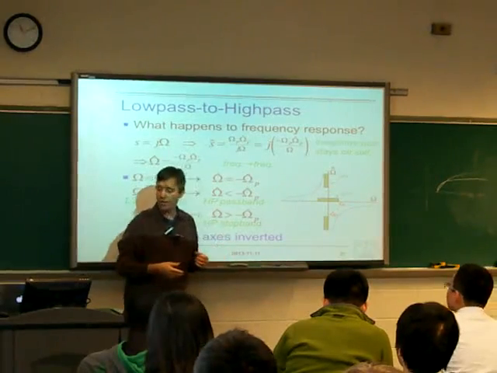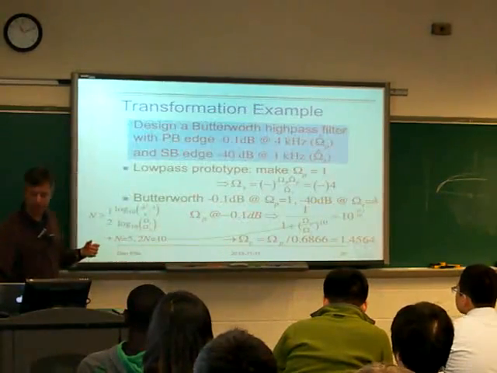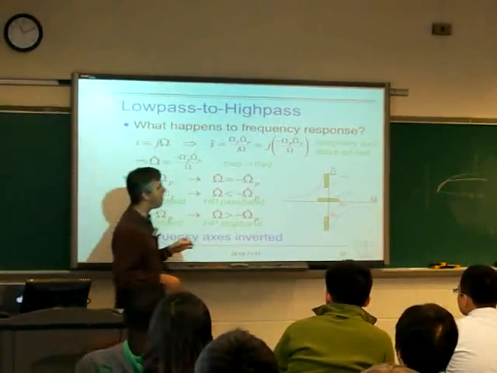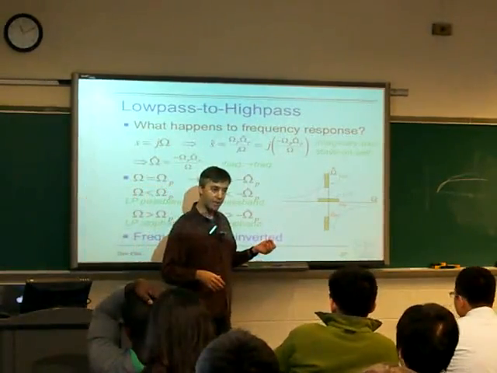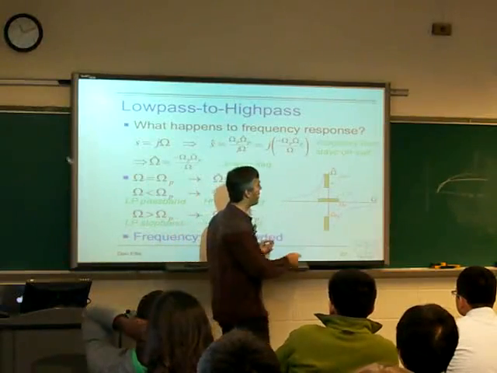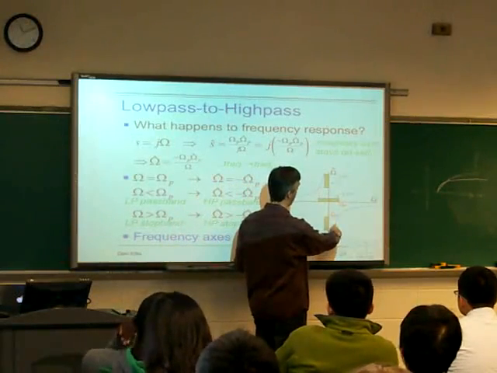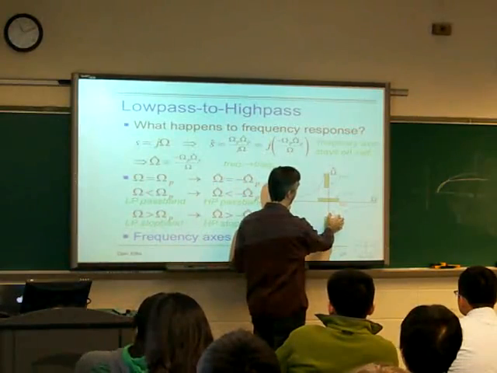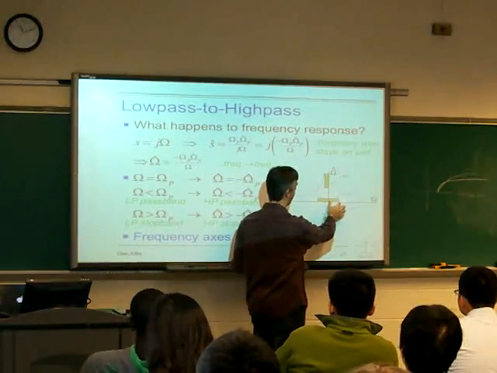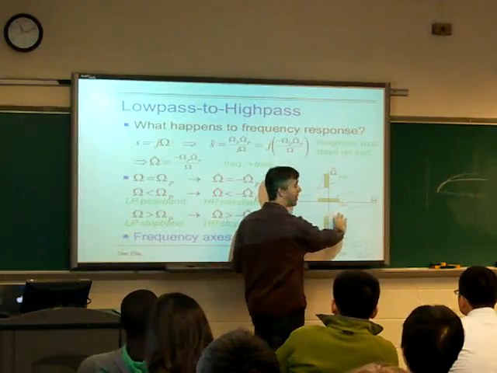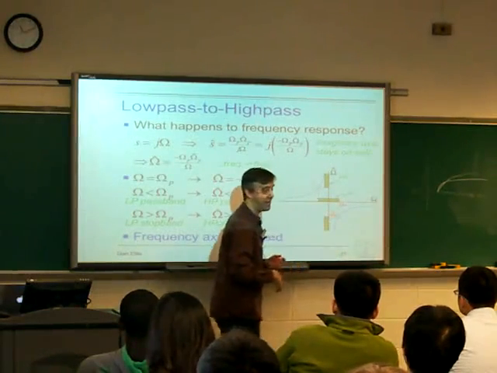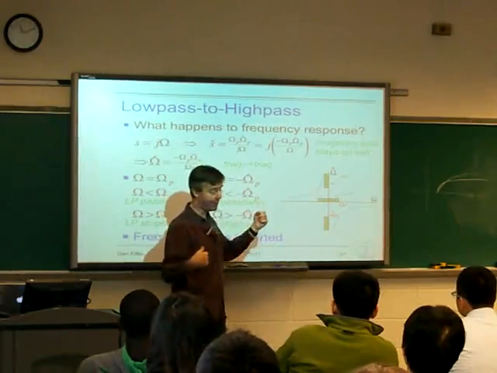Similarly, if we wanted to do a band pass filter, we could come up with some mapping here that took this set of points and mapped them to some limited range of points on the imaginary axis, and we could do the same thing for a band stop where we split them apart.